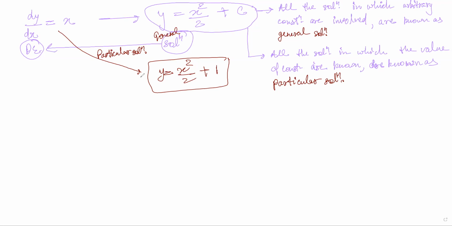Now we have to reach either the general solution or the particular solution. A particular solution we can only reach if there is some information about the function already given, right? But if there is no information given about the function, we can reach the general solution. So we'll be given the differential equation, and we have to reach the general solution. This is known as the method of solving a differential equation. So we'll be learning about methods of solving a DE.